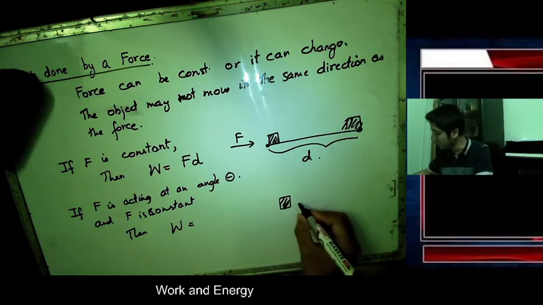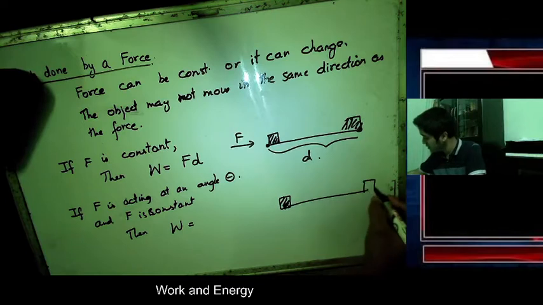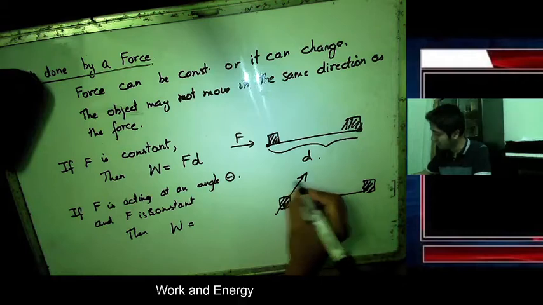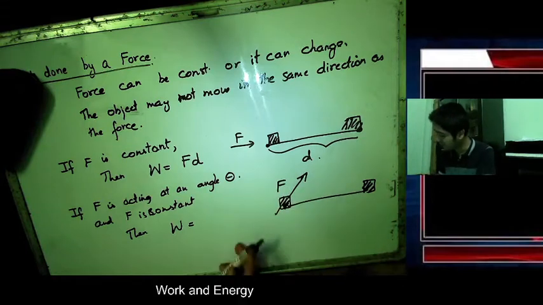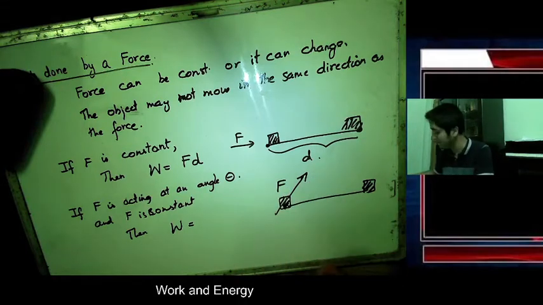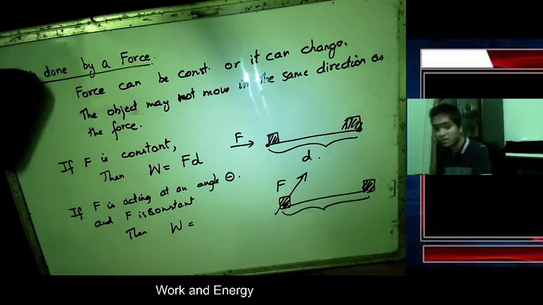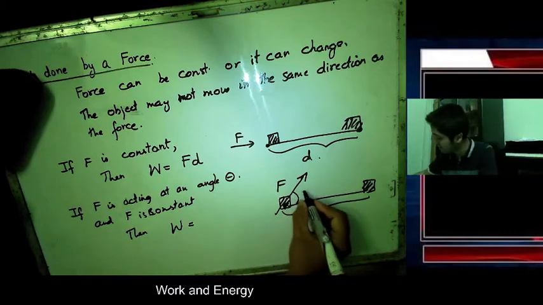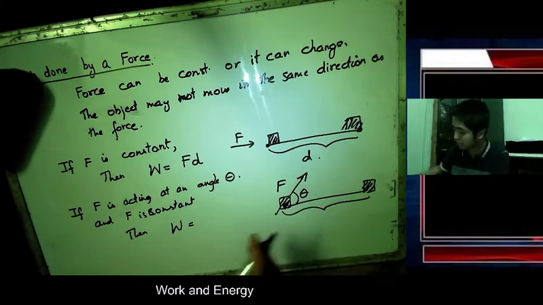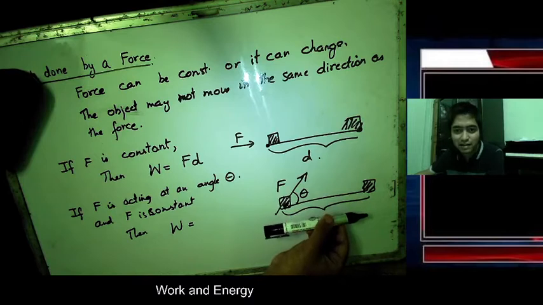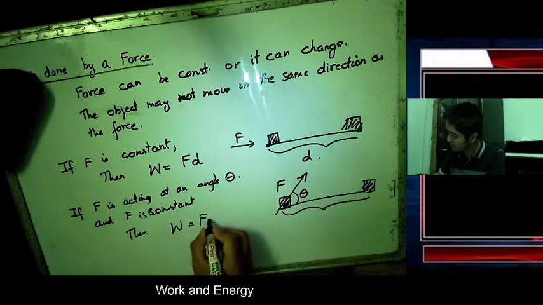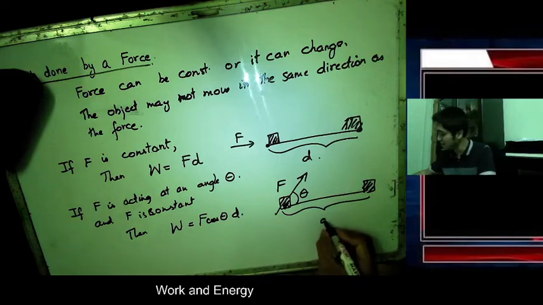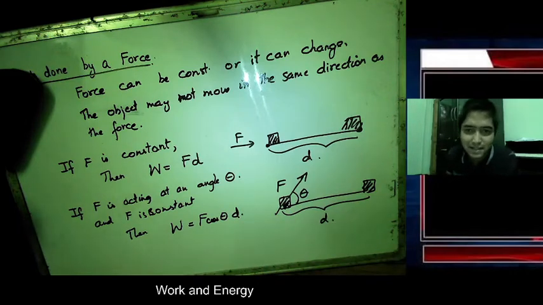You have an object, but then you are applying a force in this way. The force you are applying is something like this, but the object is still moving along this distance. How will we calculate the work done? You can take this angle theta and resolve the force in this direction. It will be F cos theta times the displacement d.